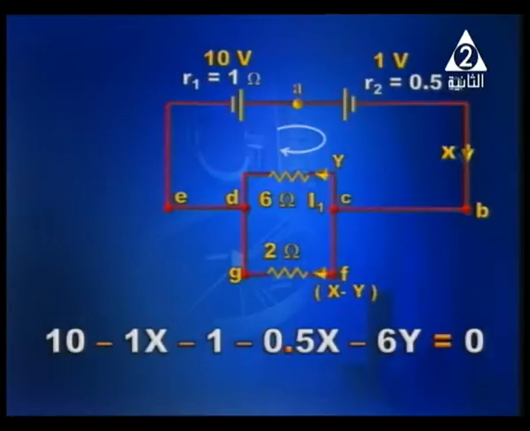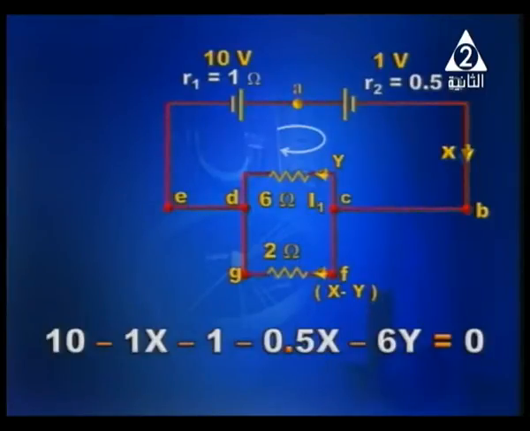Assume the current flowing through the whole circuit is x, and the current passing through the 6 ohm resistor is y. Of course, the current that passes through the 2 ohm resistor is x minus y.